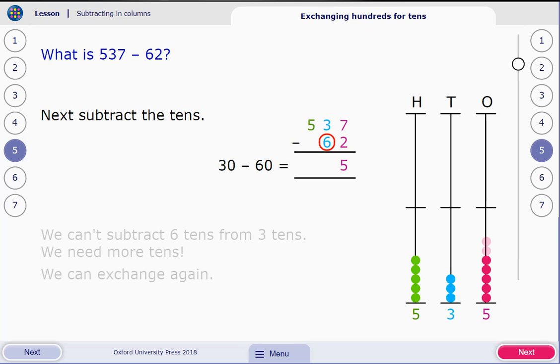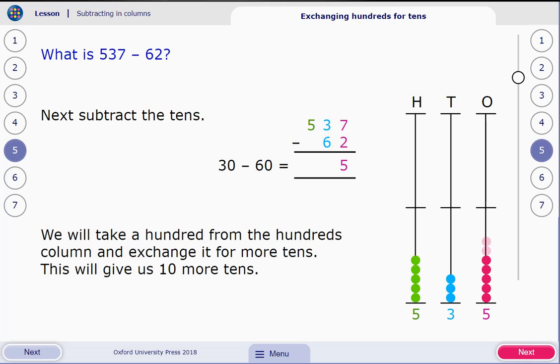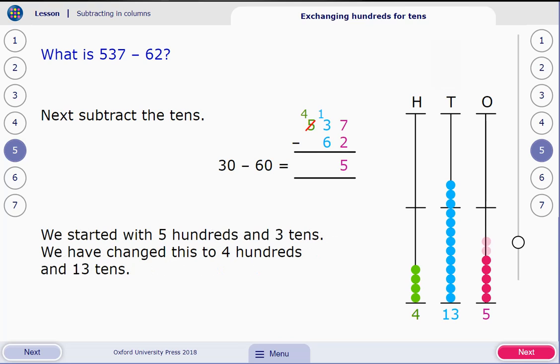I can exchange from the hundreds. I can exchange 100 for 10 tens. And I show it like this. I've taken one of the hundreds, so now I've only got 4 hundreds.